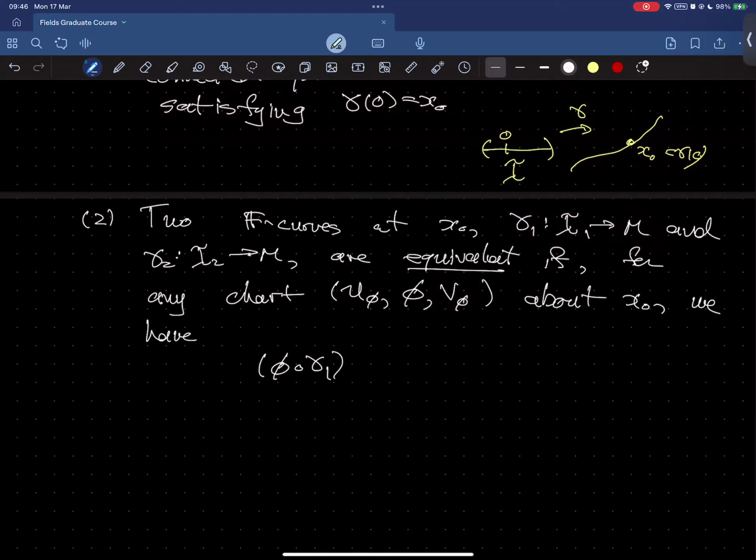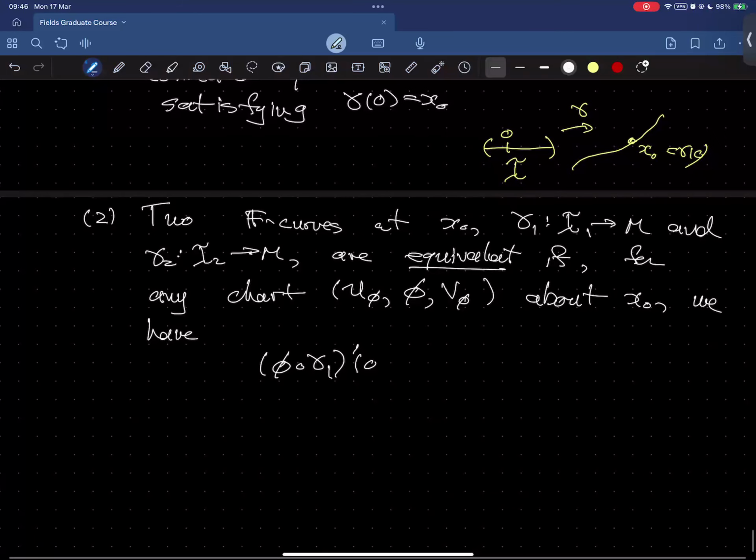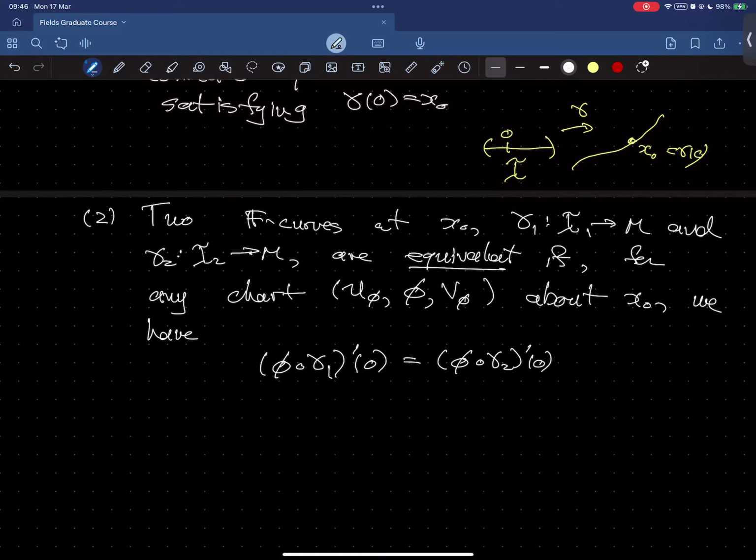The point is that it's a curve in a locally convex space, and so it makes sense to take its derivative, its normal derivative, at 0, and I can do the same thing for the second curve. So that's the definition of equivalence of curves.